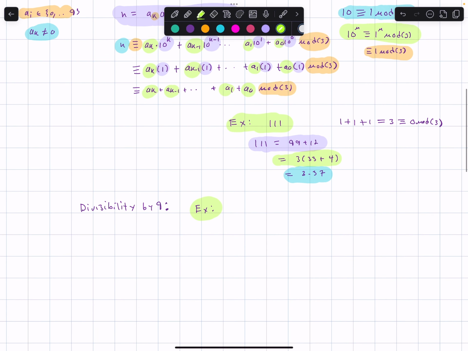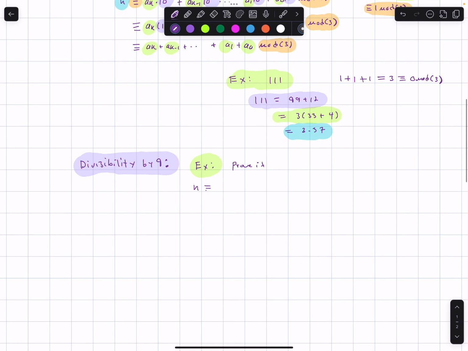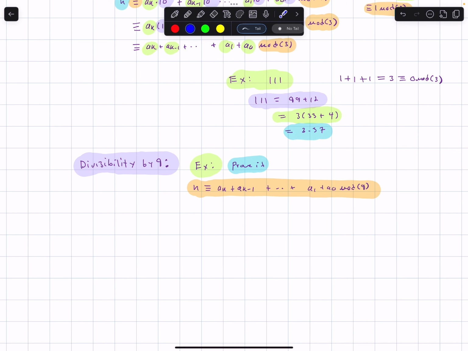Prove that n is congruent to a_k plus a_(k-1) all the way through a_1 plus a_0 mod 9. So it's the exact same divisibility test. If the sum of the digits is divisible by 9, then the number will be divisible by 9. So that's a great exercise to see if you can prove that.